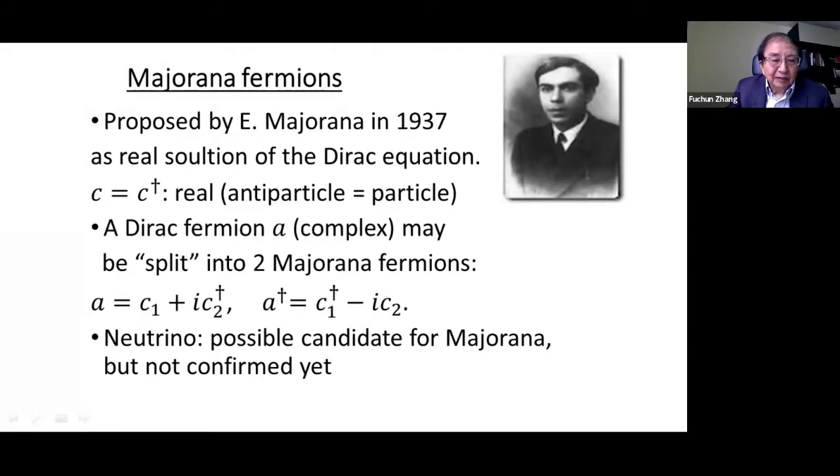And why do we call them Majorana fermions? Because they obey the usual Fermi statistics. If you consider two different c's at different sites, they anti-commute with each other. In particle physics, the neutrino is a possible candidate for Majorana, but it has not been confirmed yet.